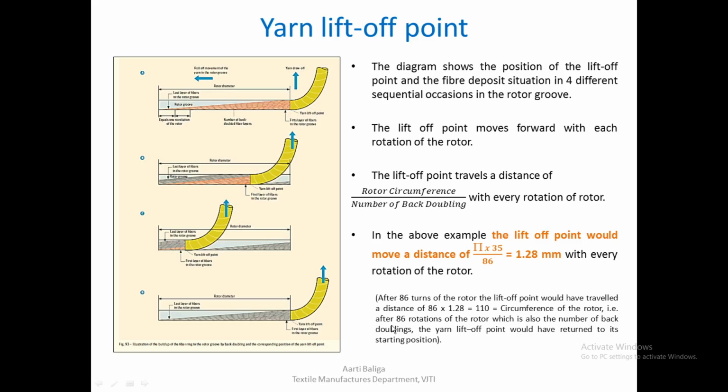That is what we are now trying to analyze: after 86 rotations of the rotor, which is also the number of back doublings, the yarn lift-off point would have returned to its starting position. So if this was the first position where it started, then after 86 rotations in this particular case, the lift-off point would have moved throughout the rotor groove and returned back to this original position only after 86 rotations of the rotor are complete.